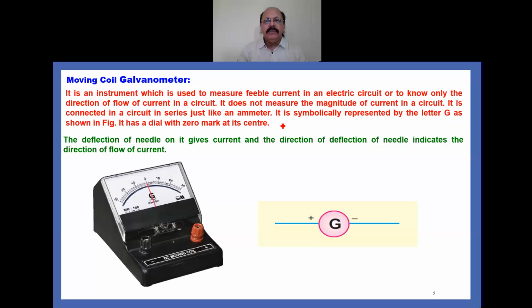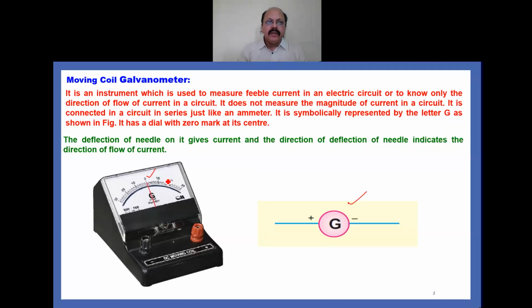It is symbolically represented by the capital letter G, as you can see here in the figure. And it has the zero dial mark at the center. You can see that here. The deflection of the needle gives the current, and the direction of the deflection of the needle indicates the direction of the flow of current. So that you must know about the moving coil galvanometer.